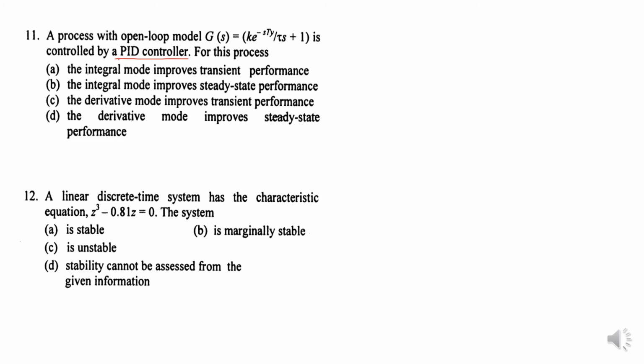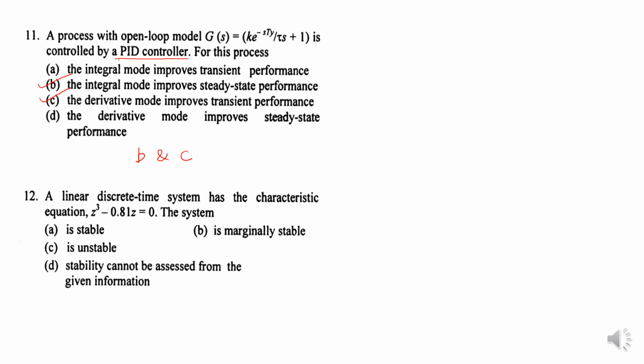Here integral mode improves the steady state performance. Option B is the correct answer. Derivative mode improves the transient performance is also correct. Option B and option C both are correct answers.